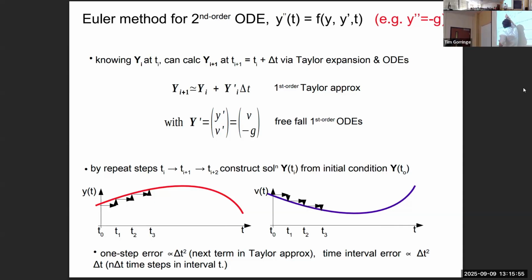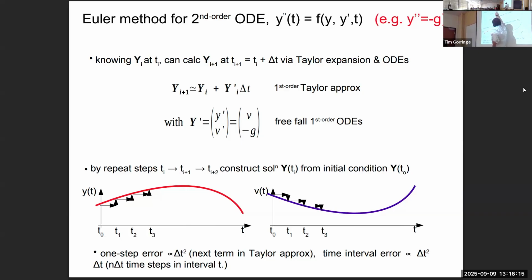In our language, it's that y at the clock tick i plus 1 equals y at the clock tick i plus this correction, which is the product of the differential of the function evaluated at i times the interval to i plus 1.